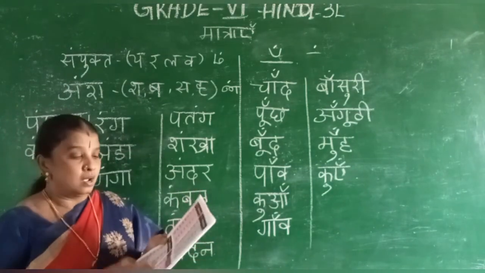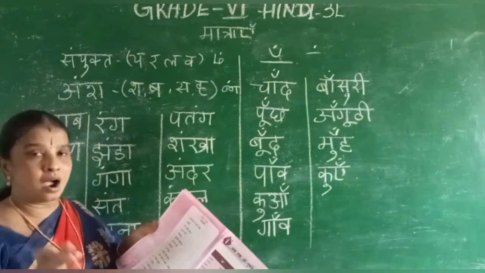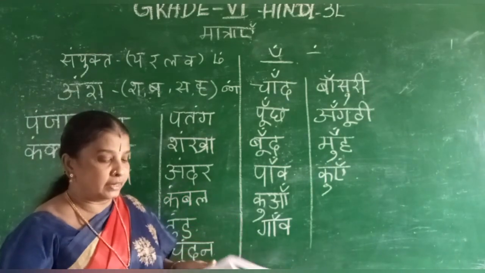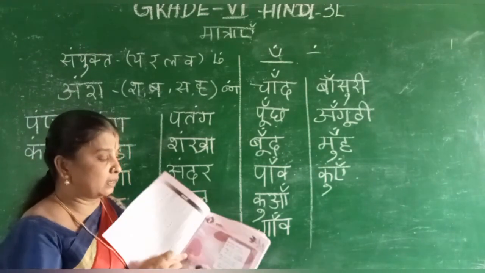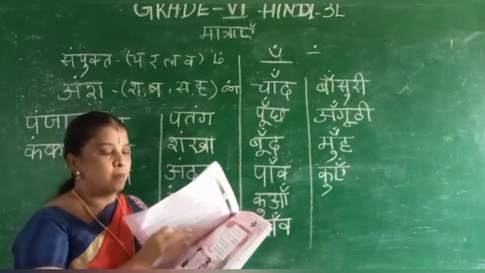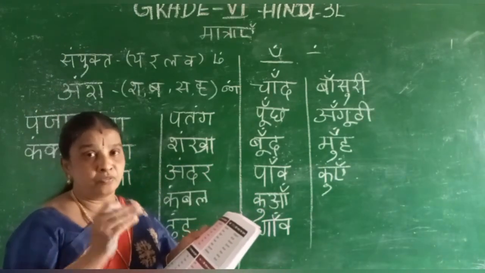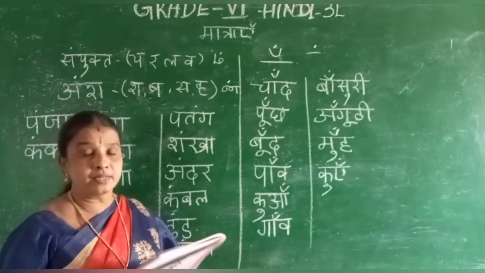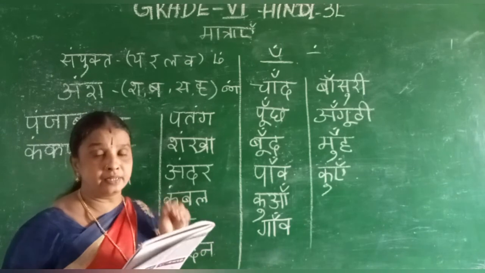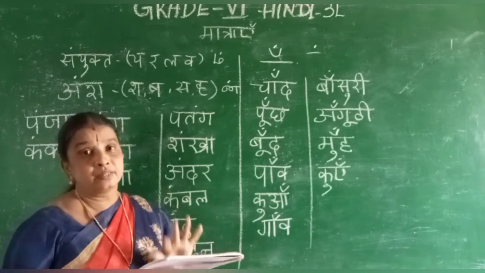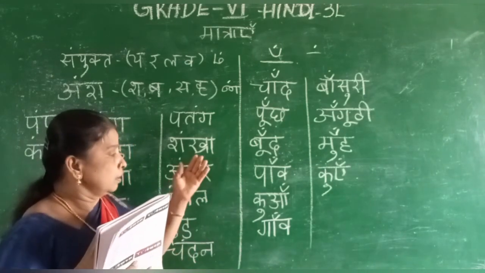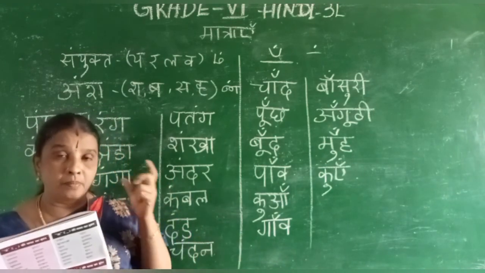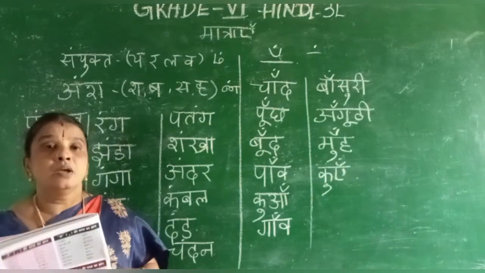So the matras from A to Au are completed. And next we are going to see the lesson for a paragraph and poem like that. Before that you must practice your reading. Reading is a must for the Hindi language. So I hope you all understood how to read all matras and semi-consonants.